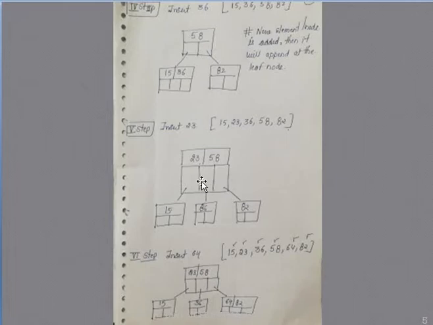So here in the root node, 3 child nodes are there. At max, the tree has 2 or 3 child nodes. First is 15, second is 36, and the third one is 82.